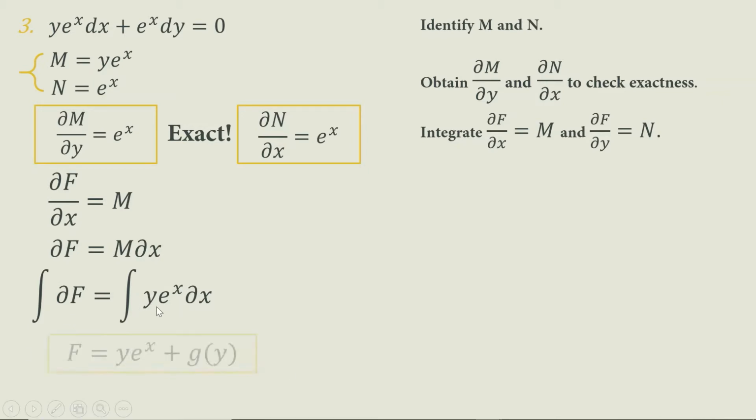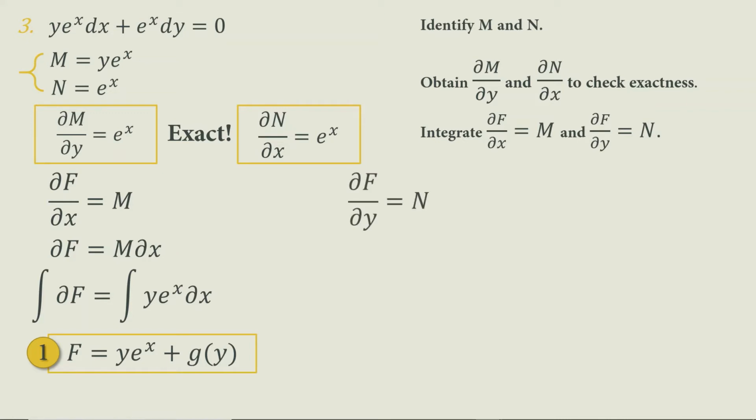And this results to f is equal to y times e raised to x plus gy. Since y is considered constant, ilalabas natin siya sa integration symbol. E raised to x dx, integrating this one will result to e raised to x. And then we have to add g of y.